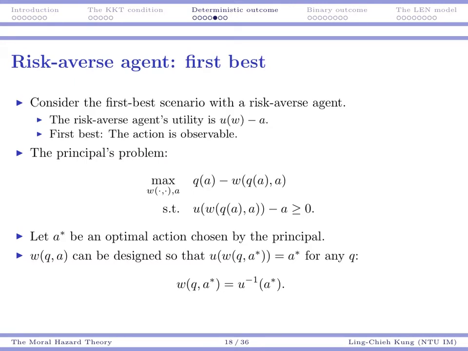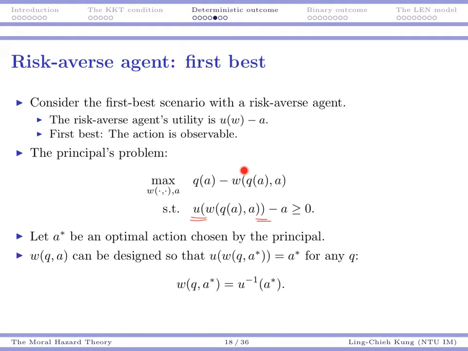So let's do another analysis. We're going to say the agent's utility function is u of w minus a. Okay, so now the agent is risk averse. And let's still first consider the first best scenario. In this case, almost everything is the same, except that now we have this u function in the agent's utility function. U would only appear on the agent's side.